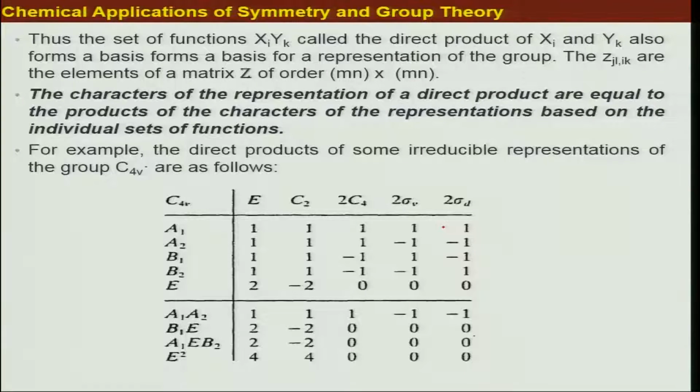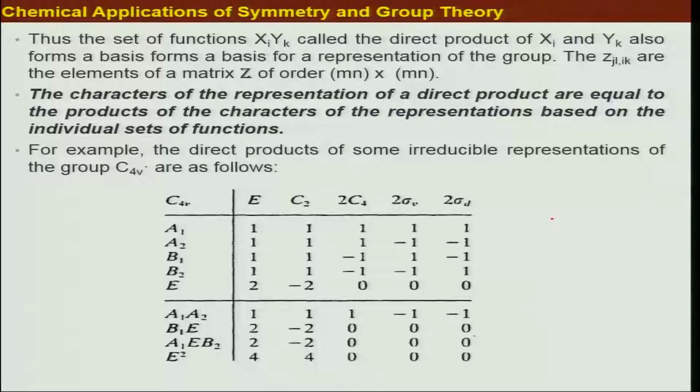Now the characters of the representation of a direct product are equal to the products of the characters of the representations based on the individual sets of functions. The example is given here below. We have taken the point group C4v, and this is the character table for C4v. Now you have a direct product.